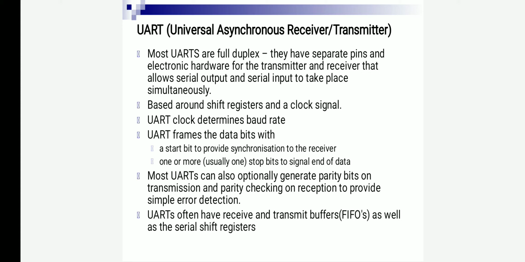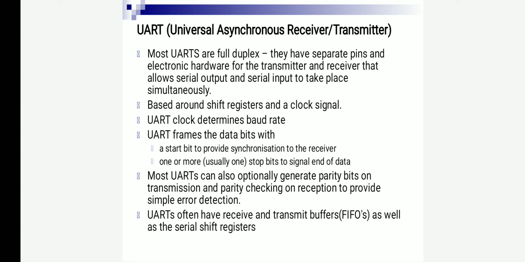Most UARTs can also optionally generate parity bits on transmission and parity checking on reception to provide simple error detection. Parity checking is of two types basically. One is even parity, one is odd parity. If the number of ones in a data byte is even, this is called even parity, and if the number of ones in the data byte is odd, this is called odd parity.